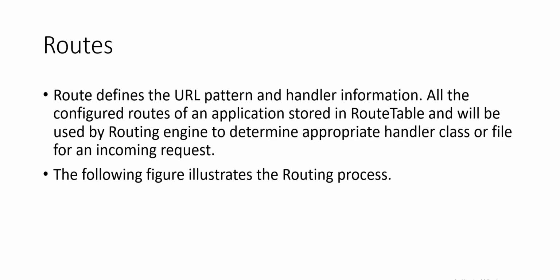So guys, let's look at what routes actually are. A route defines the URL pattern and handler information. All the configured routes of an application are stored in the RouteTable and will be used by the routing engine to determine the appropriate handler, class, or file for an incoming request.